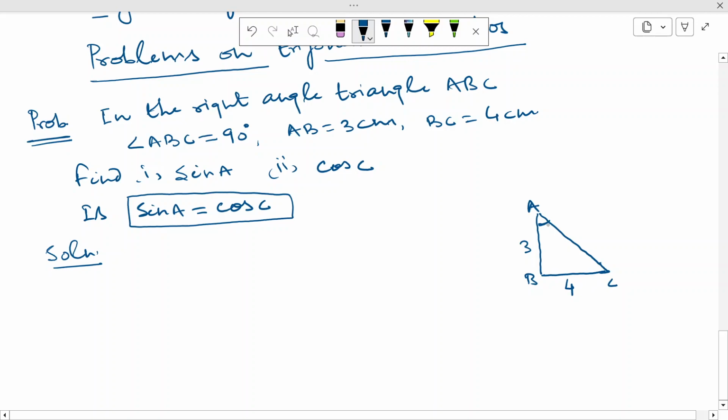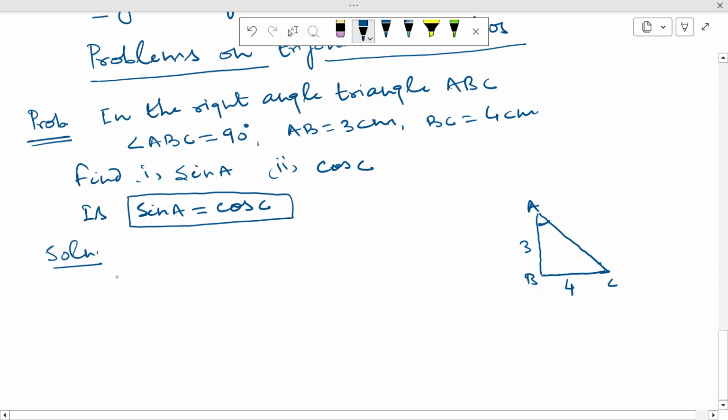And the second thing is the hypotenuse. Here we are provided the length of the side BC, but we are not given the measure of the side AC, but we can use the Pythagoras theorem to obtain the side AC.